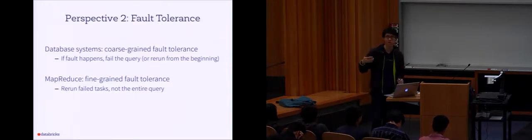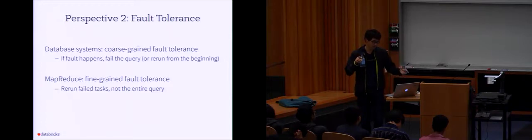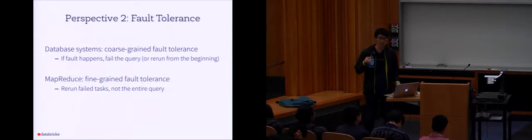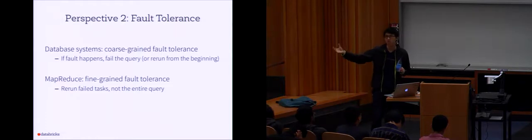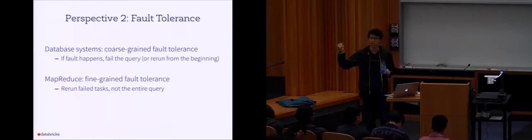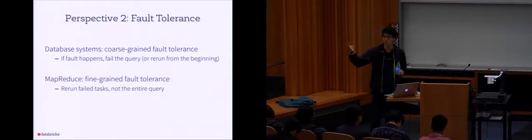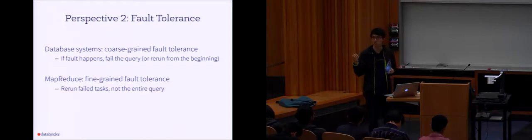This is the way of doing recovery. What MapReduce proposed, as opposed to coarse-grained, is fine-grained recovery. If a machine fails, you only fail the tasks that were executing on that machine, and just rerun those tasks somewhere else. So you don't have to rerun the whole query. You only rerun a small subset of it.